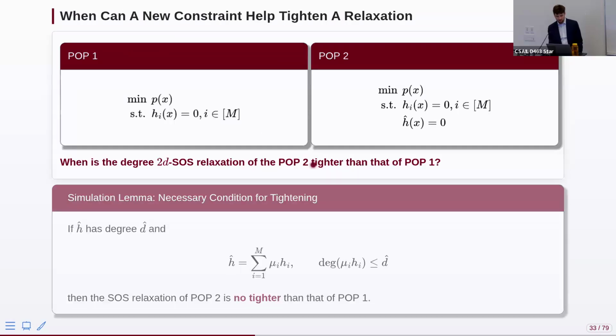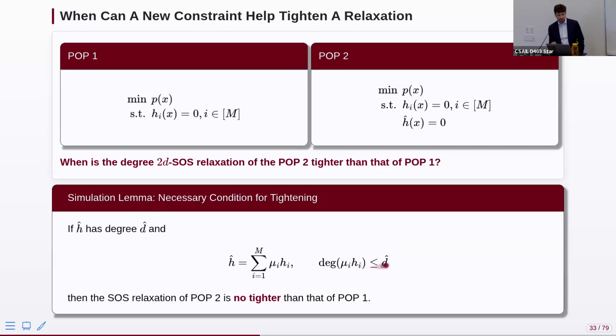But there's a necessary condition you can write down that's related to degrees. It's related to whatever degree hat h you have. It has to be hard to prove that it's in the ideal. If it's easy to prove that it's in the ideal, it can't actually add strength because the sums of squares hierarchy will just give you that constraint for free.